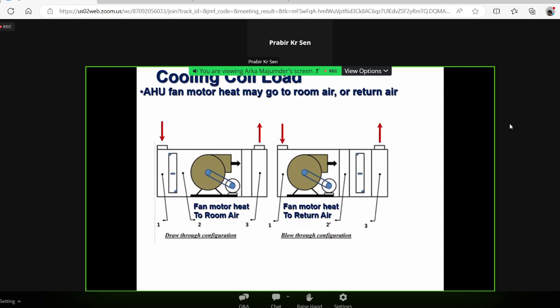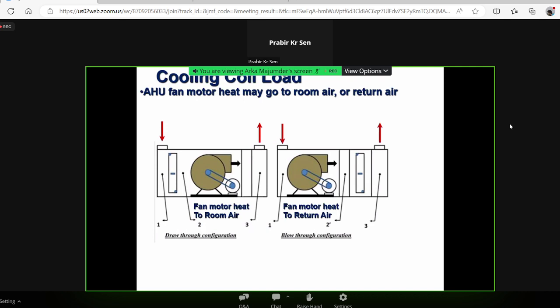That will straight away go to the room air, that heat of the motor. So that will be added to the effective room sensible heat. It's called draw-through configuration of air handling unit. Draw-through means it draws air through the cooling coil. So if your air handling unit is of draw-through construction, then add the fan motor heat in the room sensible heat.